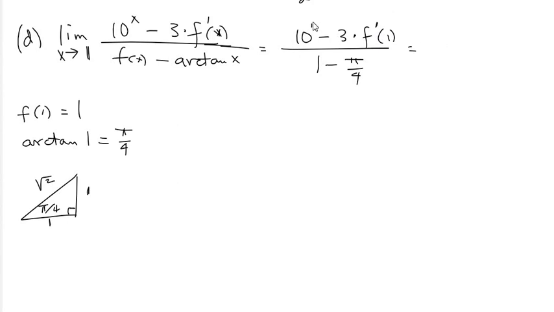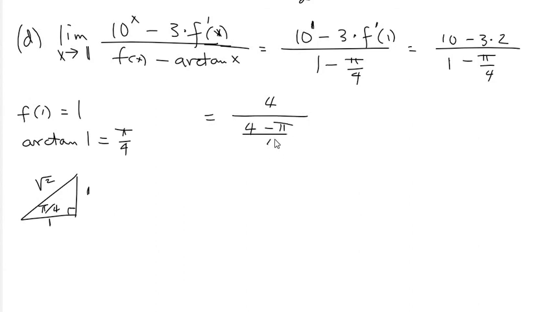So this is 10 to the first power is 10 minus 3 times the derivative at 1, which is 2, over 1 minus pi over 4. So what's that? 10 minus 6 is 4. And if we get a common denominator on the bottom, that's 4 over 4 minus pi over 4.